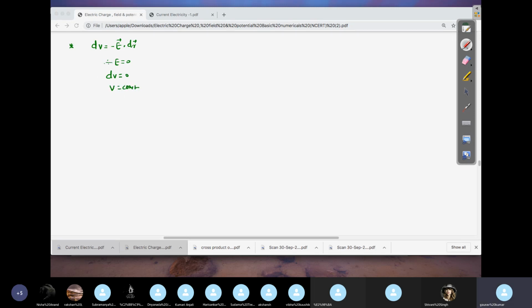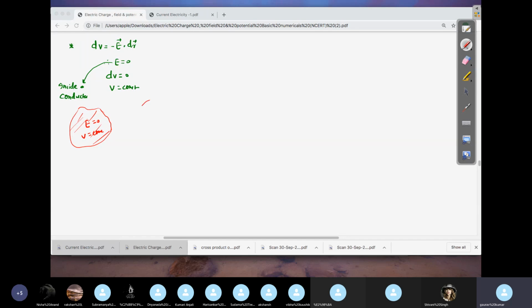This is the case inside a conductor. Inside a conductor, your electric field is always 0. Therefore, if you have a conductor here, your electric field is always 0, and therefore V will be constant.